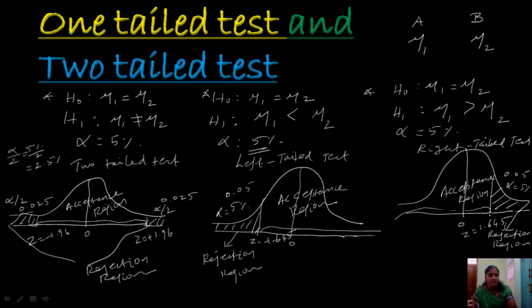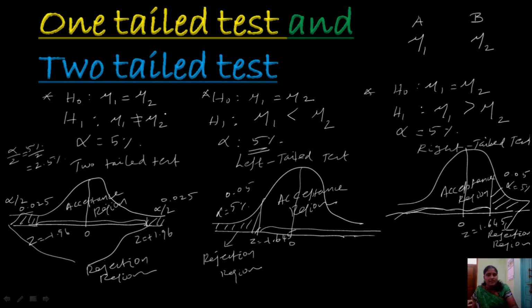So if the value is, say, plus 1, 0, or negative, we have to accept, or otherwise we reject the null hypothesis. So based on the problem itself, we have to decide whether to follow a one-tailed test or two-tailed test for an alternative hypothesis. It's based on the situation of the problem.